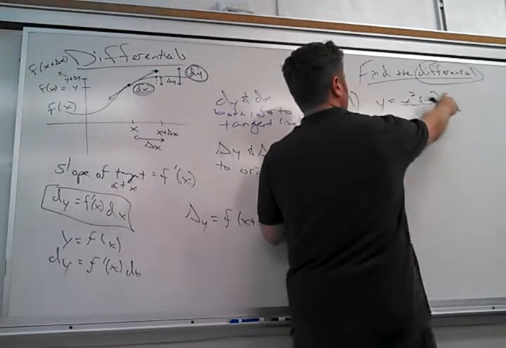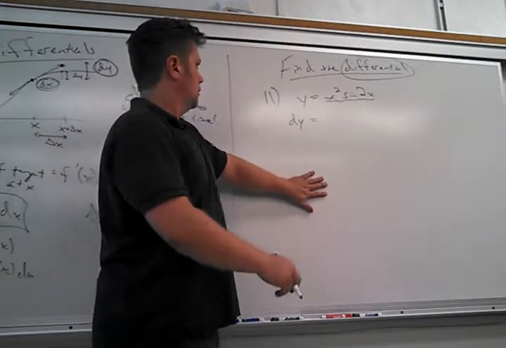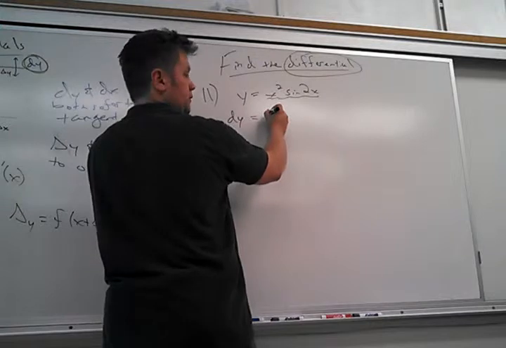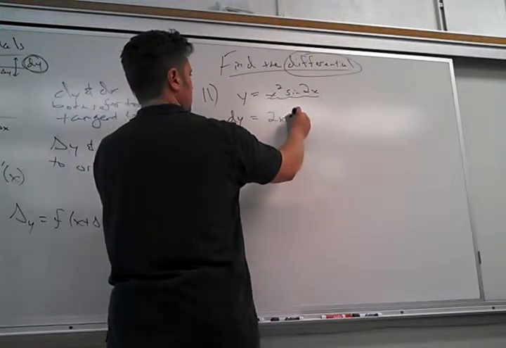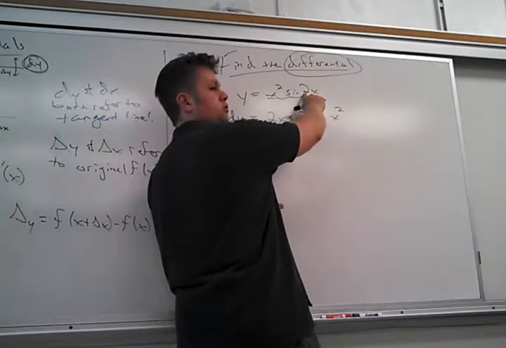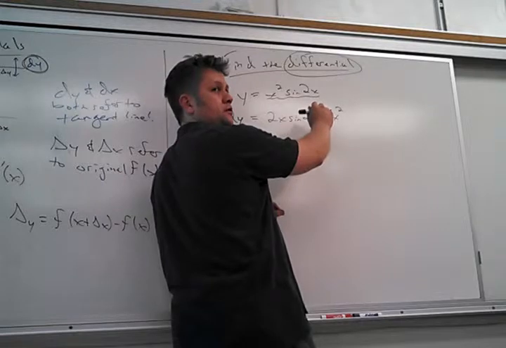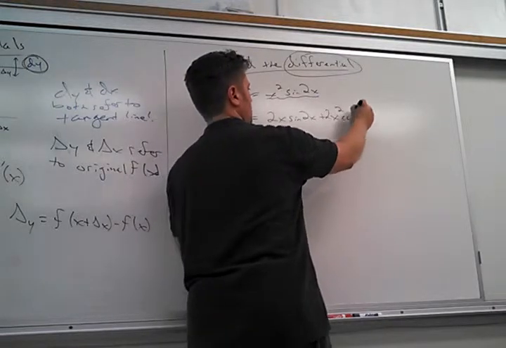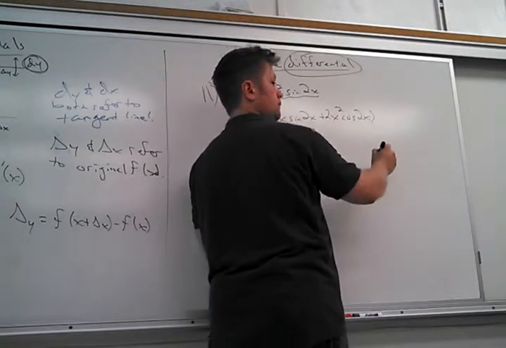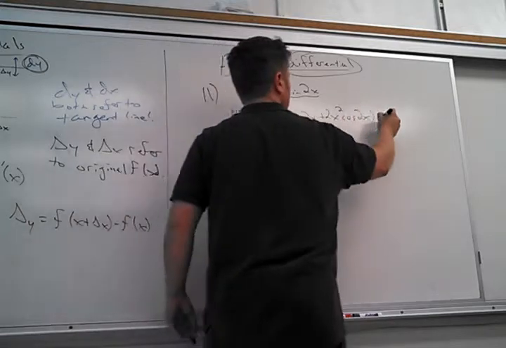So what's f prime? How do I find this derivative? What do I have to use? Product rule, good. So you have x squared prime is 2x sine 2x plus, leave x squared alone, derivative of sine 2x is cosine 2x times 2. And what do you put at the very end? dy equals f prime of x dx. Cool.